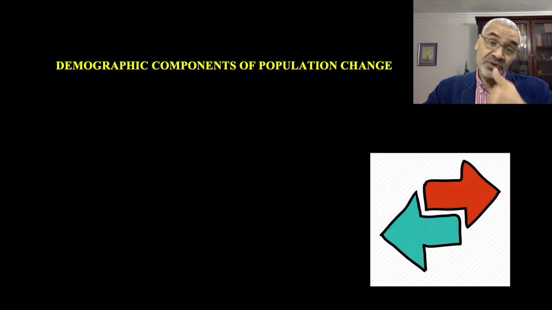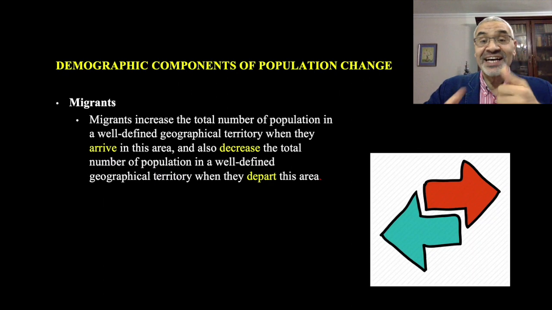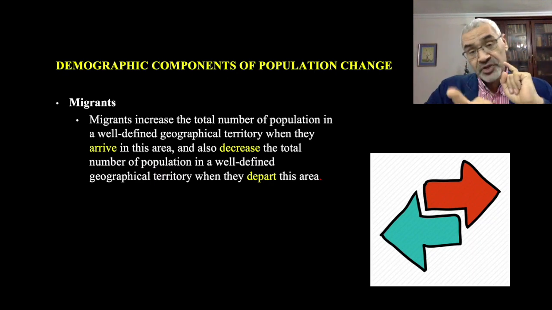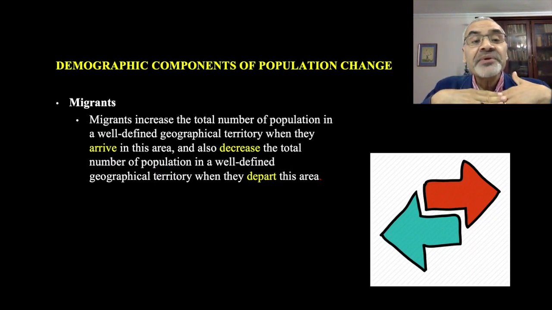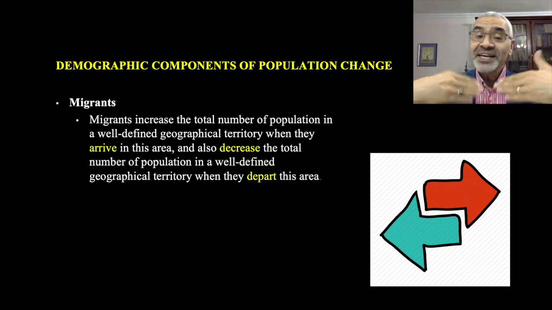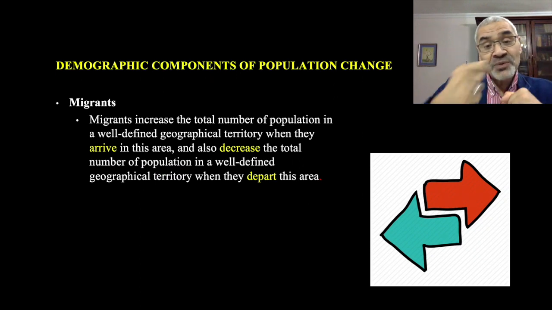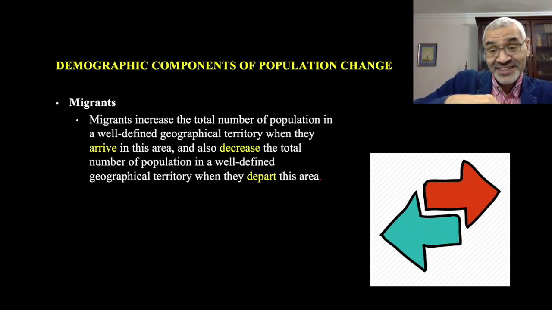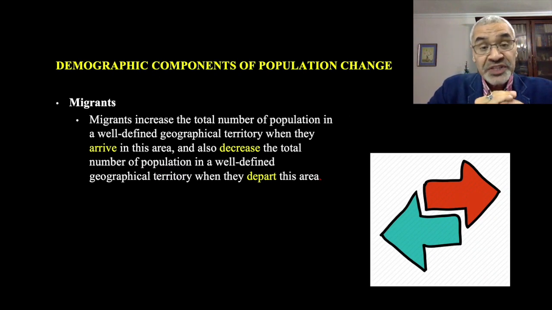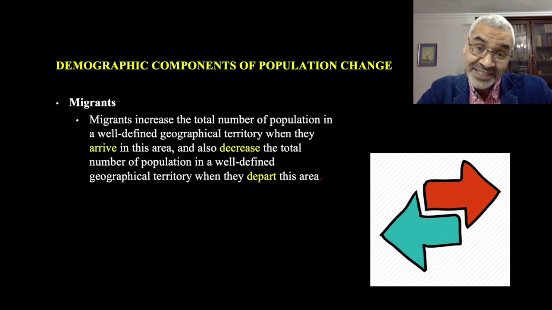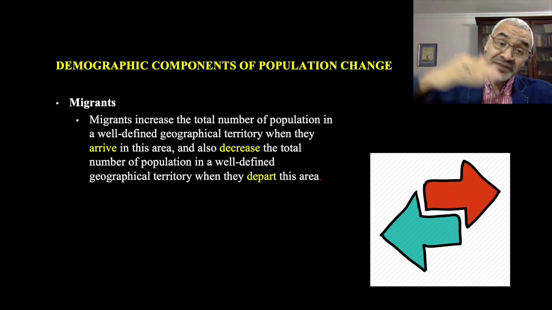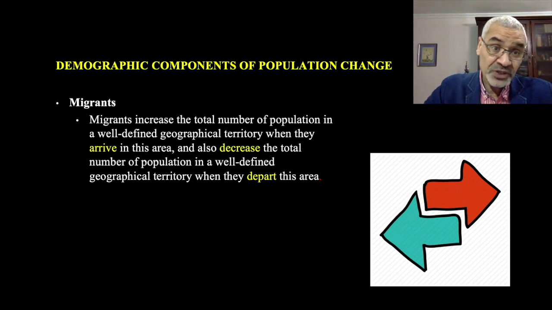And then when we talk about migration, as I mentioned, migration has the effect of both births and deaths, simply because migrants increase the total number of population in a well-defined geographical territory when they arrive. When someone arrives in a specific country, they increase the population. So they work as births, but they are not born at age 0. They are born at different age groups, okay?